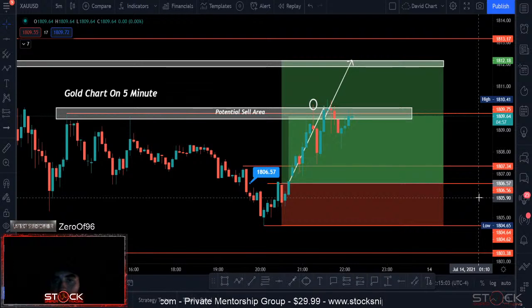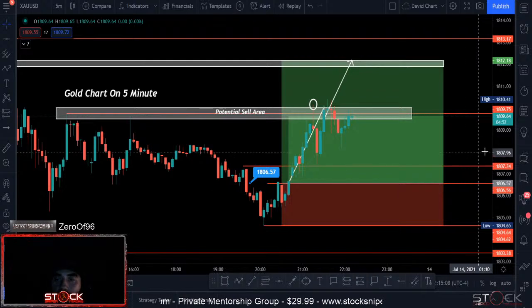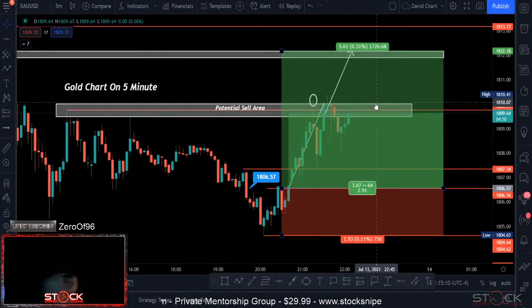Okay. Holding it. I don't know if it's above or below. It's just kind of holding right now. Wait until 4:40, 35, and we'll see what's going to happen here.